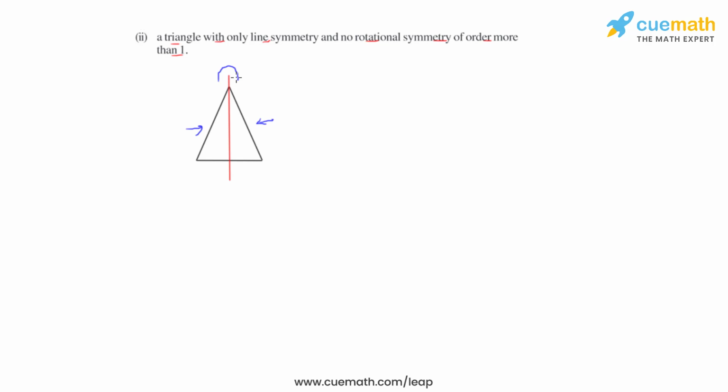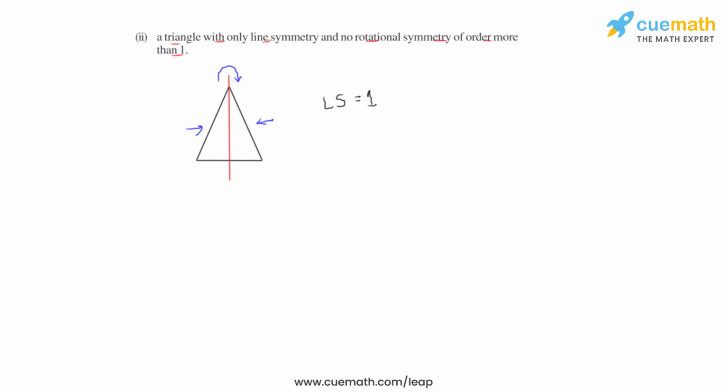If the triangle is folded about this line, the 2 equal parts will coincide, making this line the line of symmetry. So we can say for this isosceles triangle, the number of lines of symmetry is only 1, because that's what is given in the question.